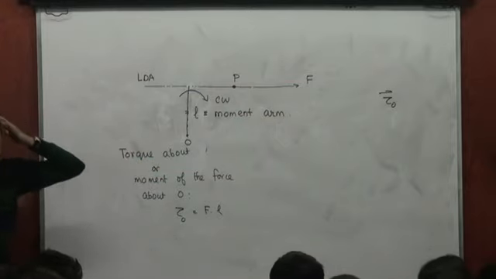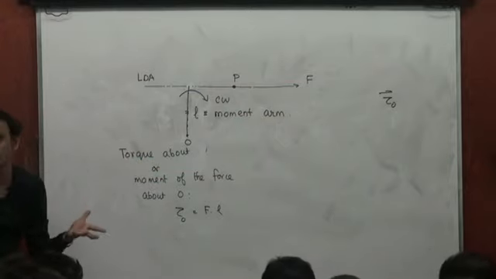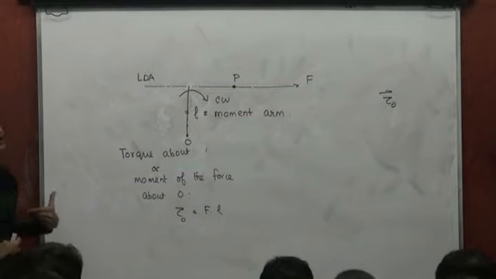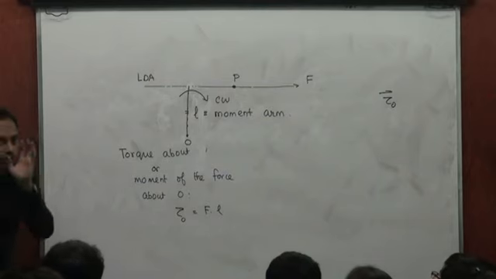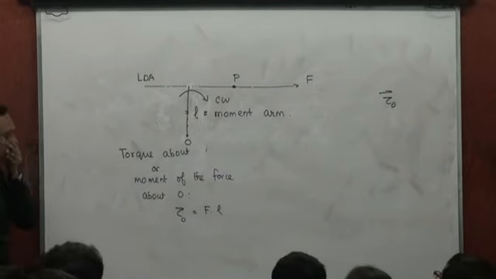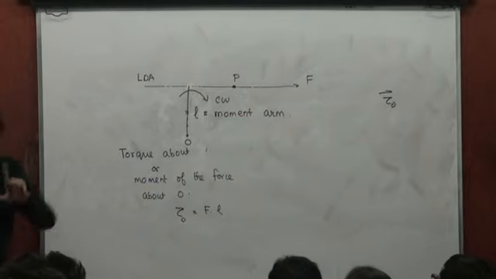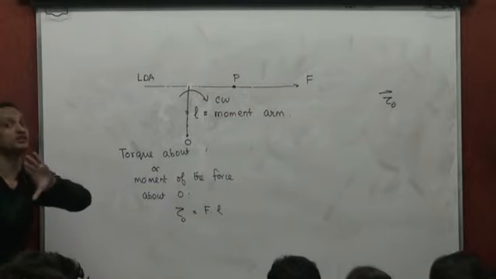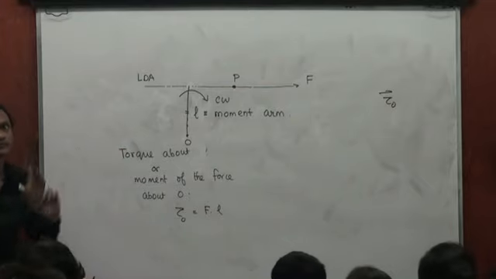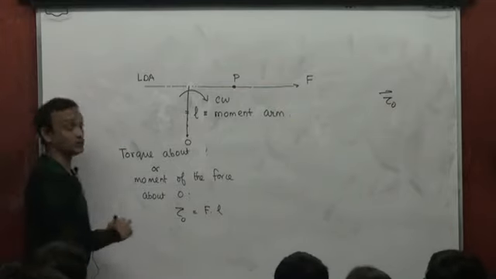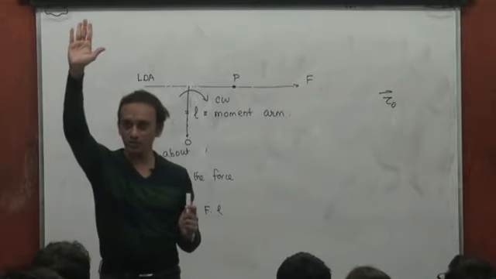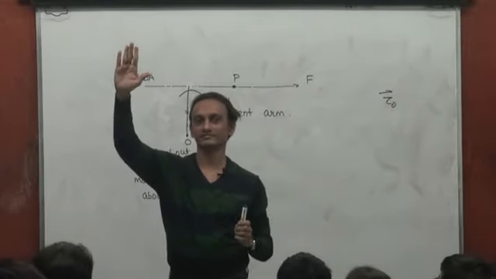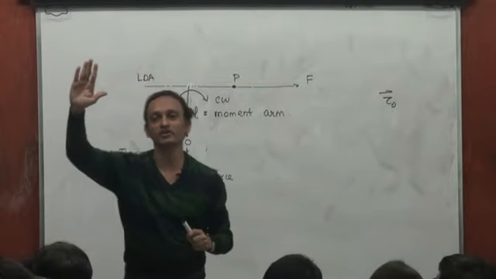Like I mentioned, clockwise is not a direction. But to convert a clockwise or anti-clockwise sense into a direction, this is what you need to do, although that's not important. The important thing is the sense of the torque about O. Literally, you take your right hand, and all of you have a thumb each.